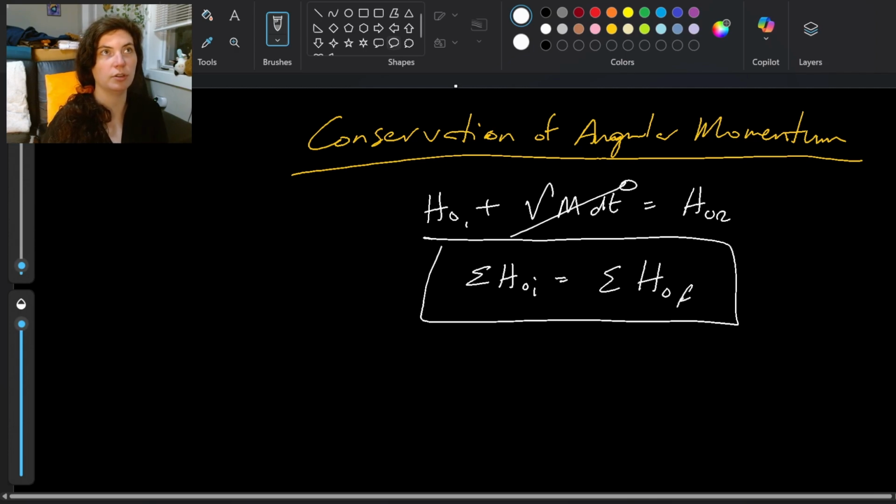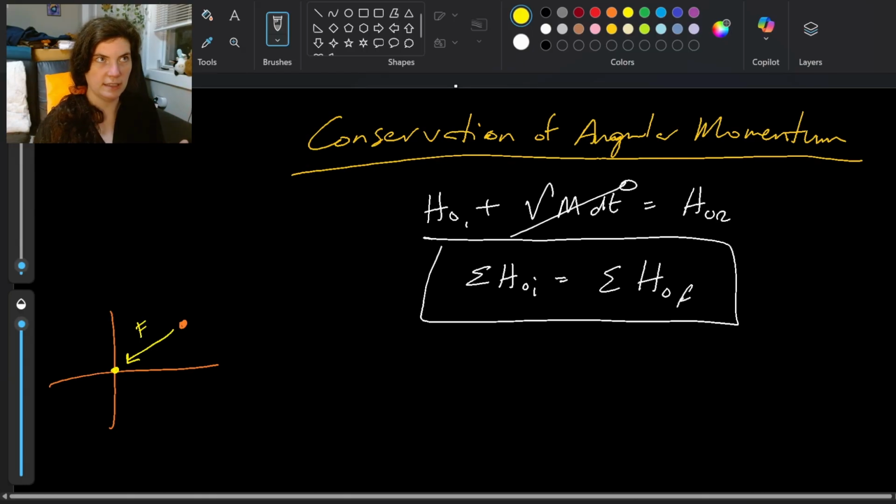So for example, if I have an XY axis and a particle with an applied force on it, but that force is pointing towards the origin, then if I do my angular momentum about this origin, this force wouldn't matter. It causes no impulse because it's causing no moment about that point. There's no moment when it passes through the point we're rotating about. So this would be an example of where we could use conservation of angular momentum.